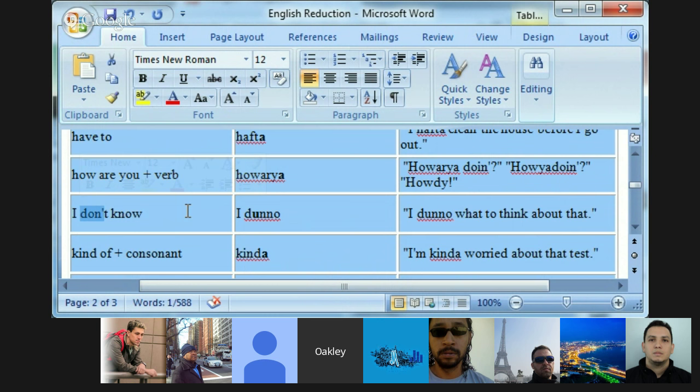I can't go with you. I won't do it. I don't have any money. Usually negative contractions are stressed. This is a contradiction. It gets reduced, but at the same time it also gets stressed.